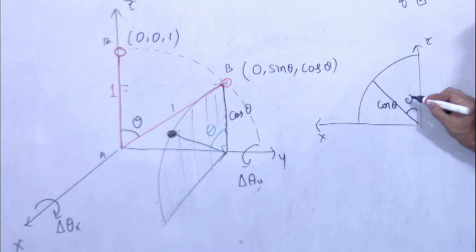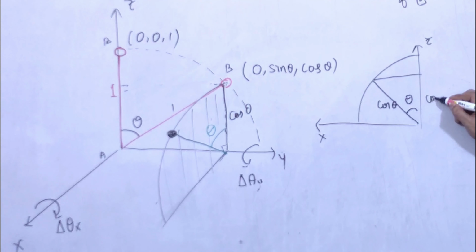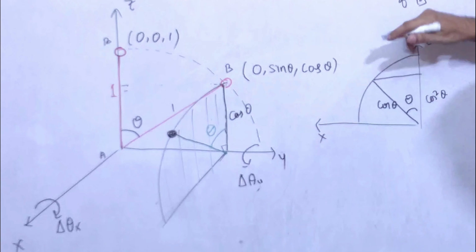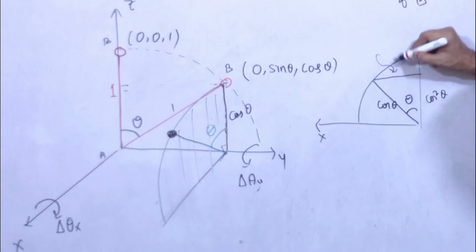So if this rotation is theta, this length will be cos square theta, and this length will be sine theta into cos theta. Sine theta cos theta can be written as sine 2 theta by 2.